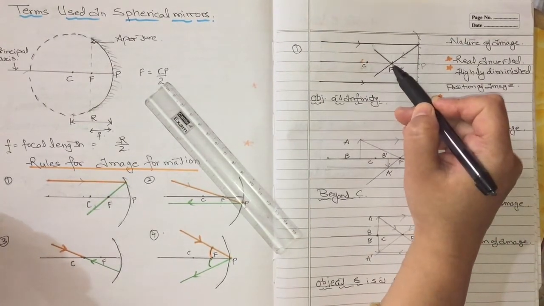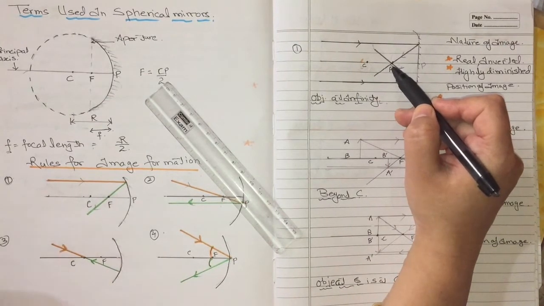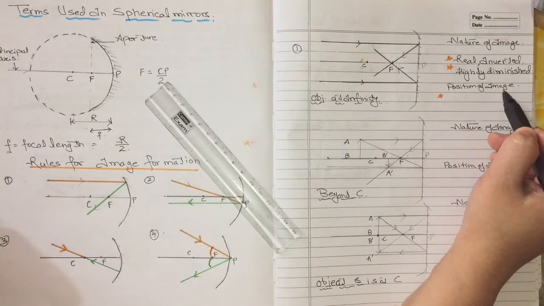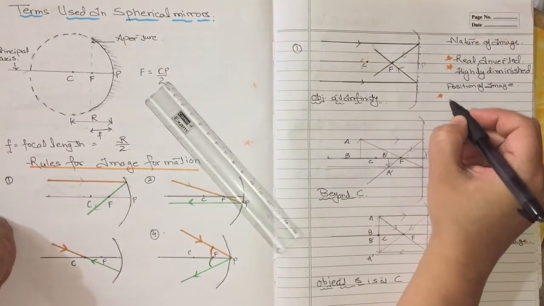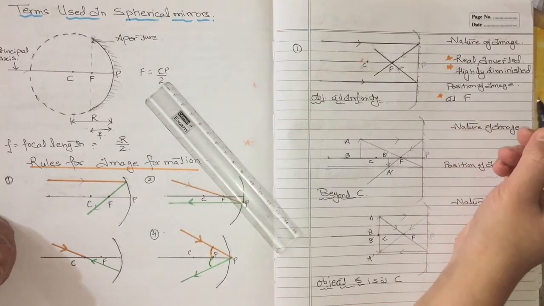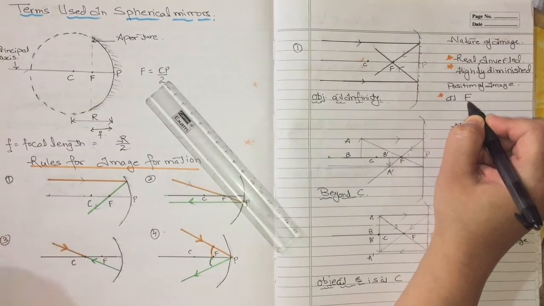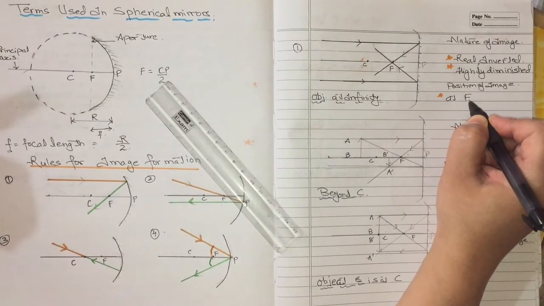As you can see, this is a point size object. It is very diminished. Okay, and let's see the position of the image. Position of the image is at F. I'm writing capital F, that means focus. I'm not writing the whole word. I'm repeating it one more time.